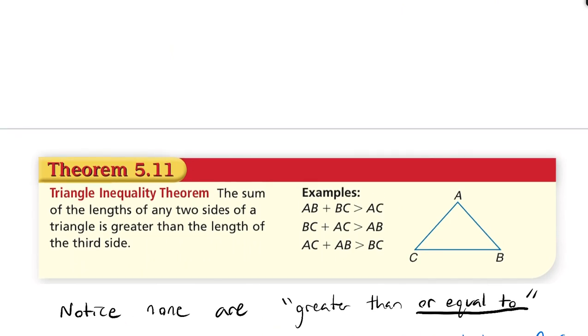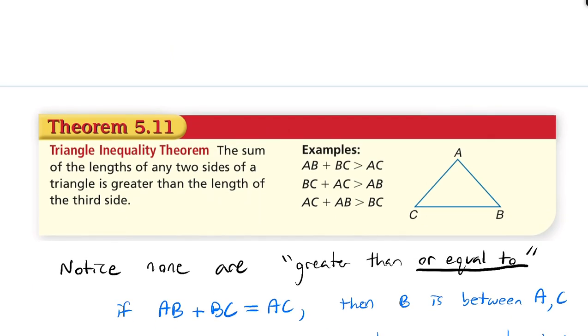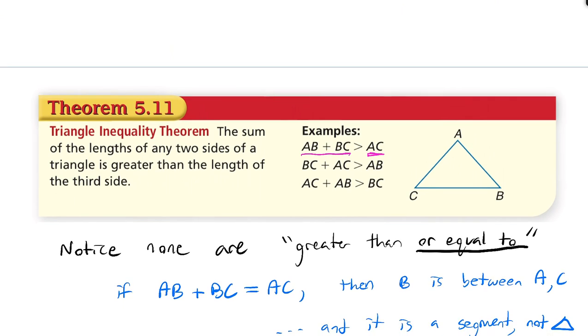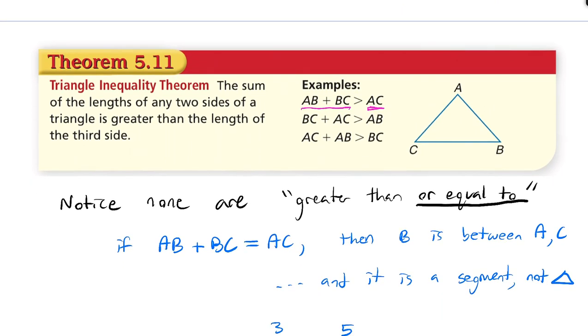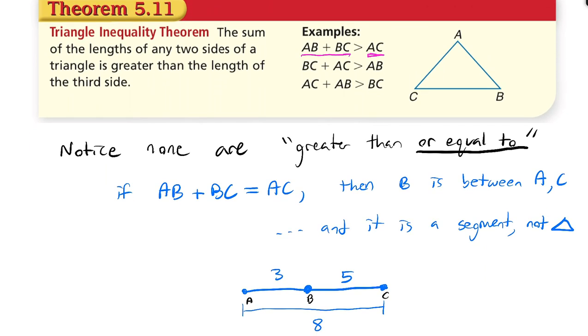Because if they were equal to, that statement AB plus BC equals AC would literally mean the very definition of betweenness, or the segment addition postulate. So B would be between A and C, and it would be a segment, not a triangle, and it would look like this. So if we have 3 plus 5 equals 8, there's no extra room to go off of that segment for B to be up here.